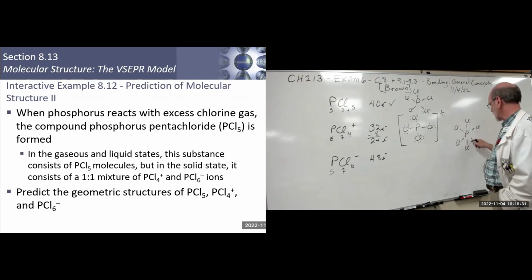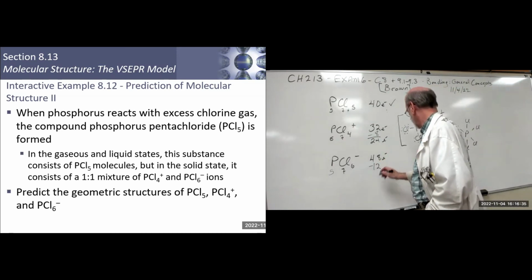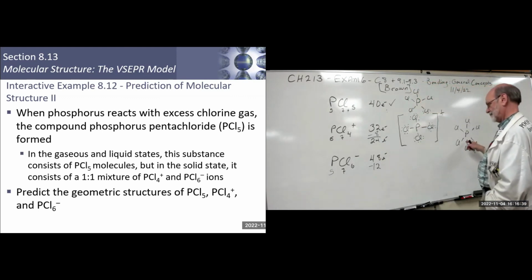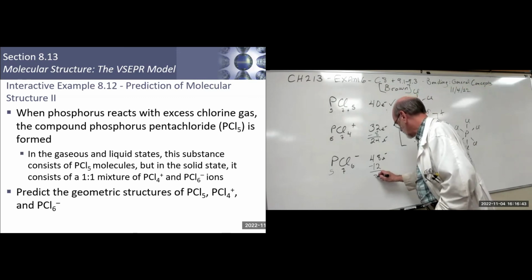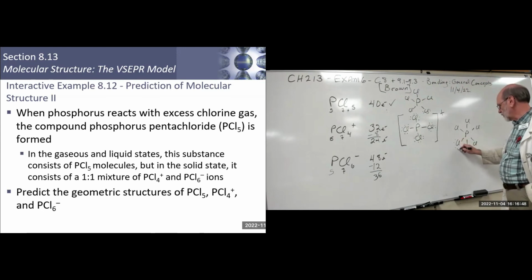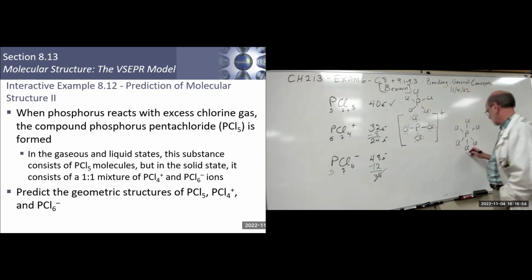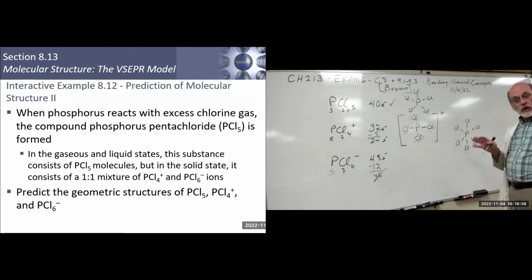So it's 2, 4, 6, 8, 10, 12. 6 times 6 is 36 electrons. So we used all those up. There are no lone pairs in any of these molecules.